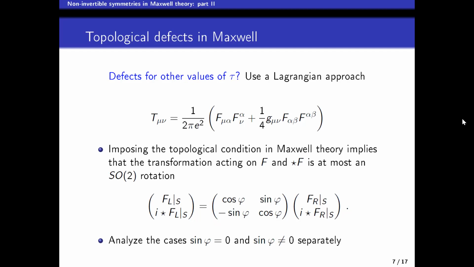It does not tell you that cos phi has to be rational or any rational structure. So in principle, these operations are allowed for any cos phi. The question is, can I find a defect Lagrangian that does this or not? Presumably it would be something completely different from this theory. Whereas in the T-duality case, everything is easier because you don't get a continuous family of transformations. You just get T-duality and Z2.